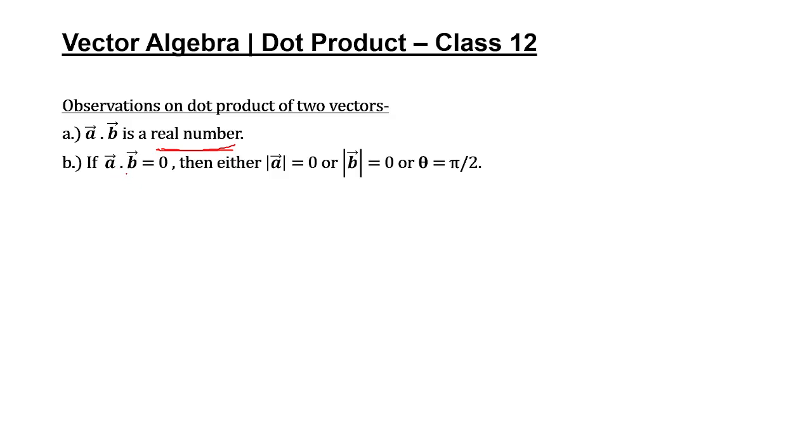If A dot B is equal to 0, then either modulus of A is equal to 0 or modulus of B is equal to 0, or the angle between these two vectors is 90 degree, because A dot B is equal to modulus of A into modulus of B into cos theta.